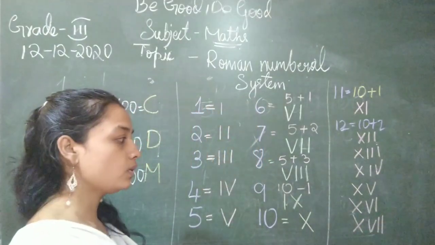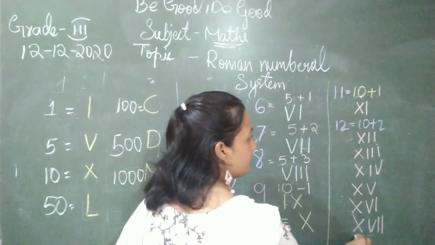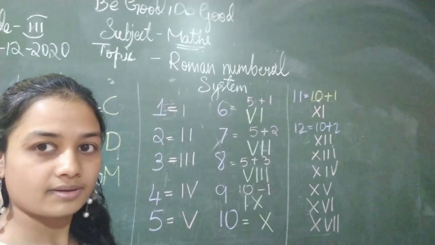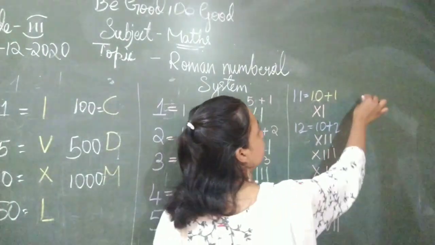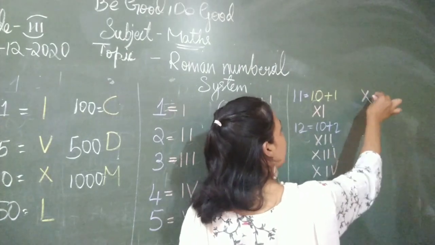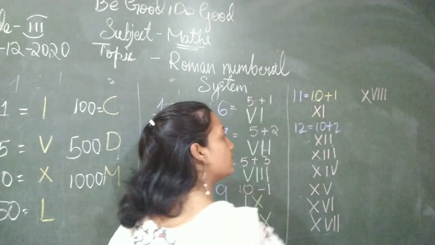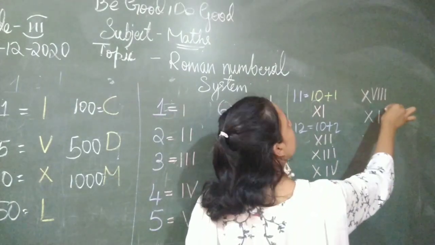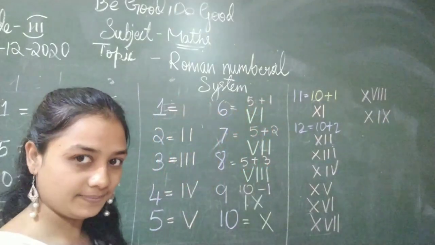And so on I can go. How will I write 18? This is till 17. Next is 18. 10 plus 8. 18. 10 plus 9 is 19.